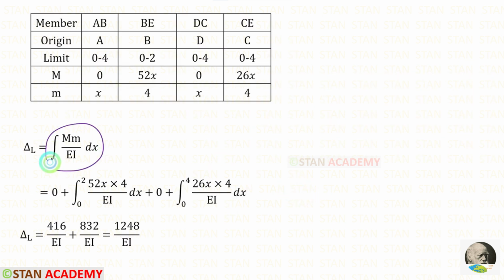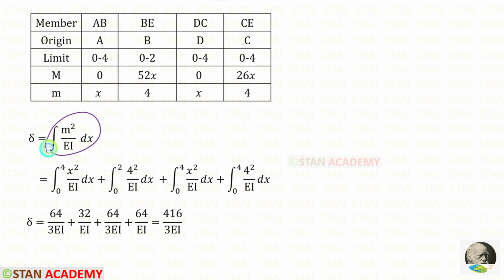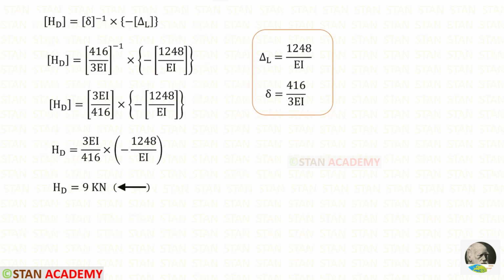Using this formula, we can find delta L, and by using this formula, we can find delta. We have found delta L and delta. In this equation, let us apply both of them. For this matrix, we have to find the inverse. We have to write that upside down.